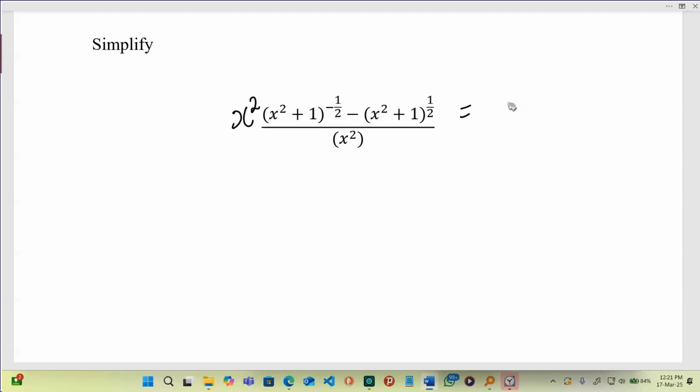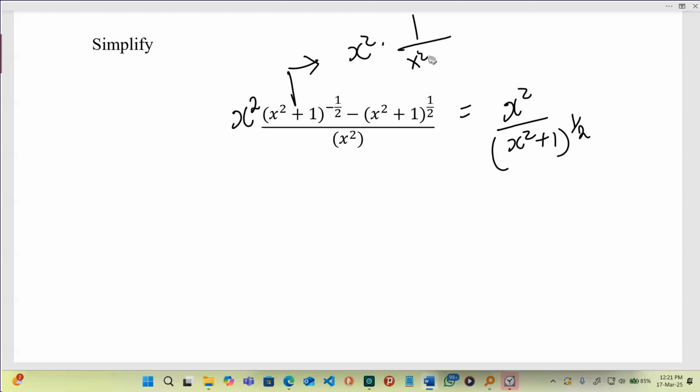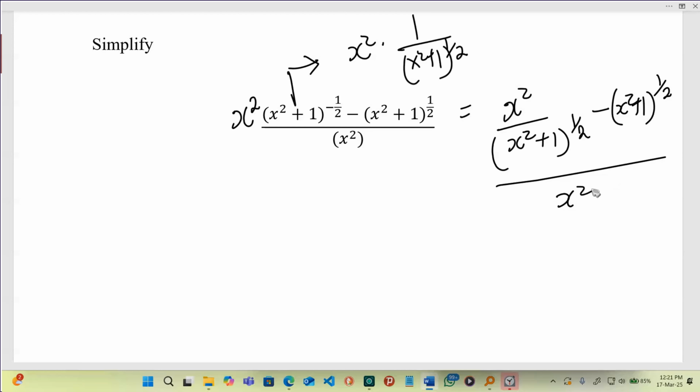This will equal to, if I had x squared divided by (x squared plus 1) raised to a power of a half, because this is the same as having x squared times 1 divided by (x squared plus 1) power, what? Power a half. So all of that reduces to this. Then minus (x squared plus 1) raised to a power a half, and everything divided by x squared.